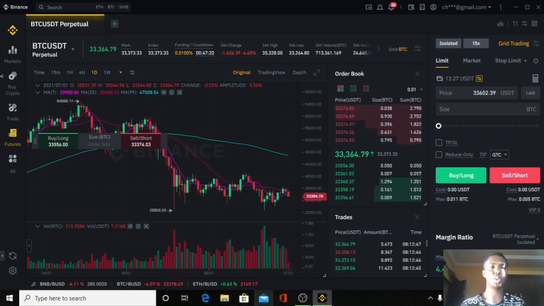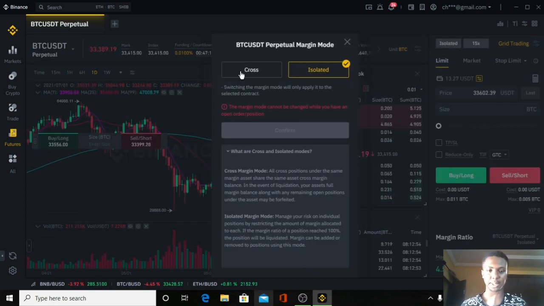As you can see, we're on the USDT perpetual platform, and going into the Binance trading modes, there is cross margin and isolated. Right now I'm using the isolated mode. It says here that in cross margin mode, all cross positions under the same margin asset share the same asset cross margin balance.